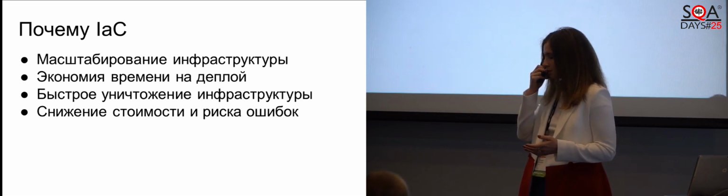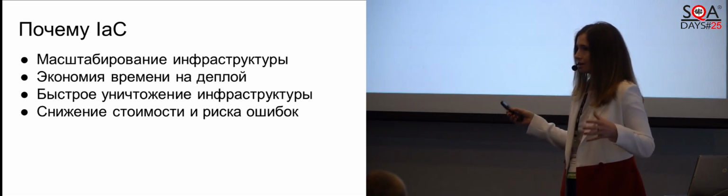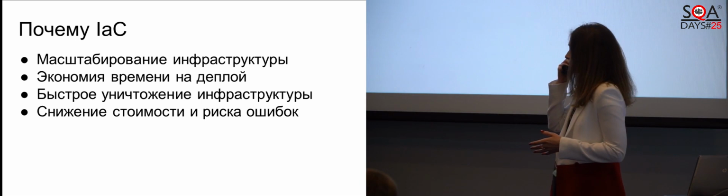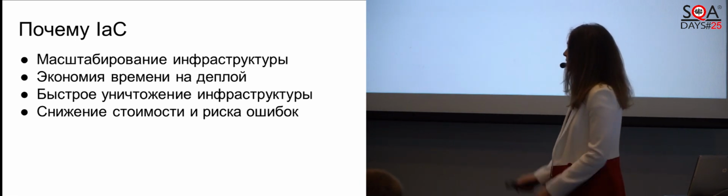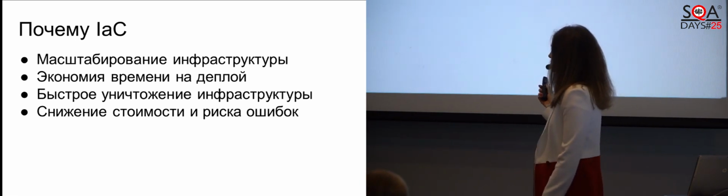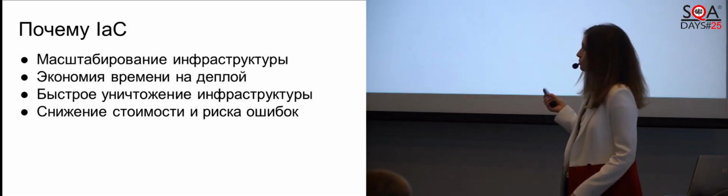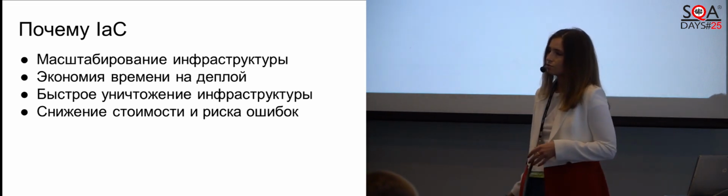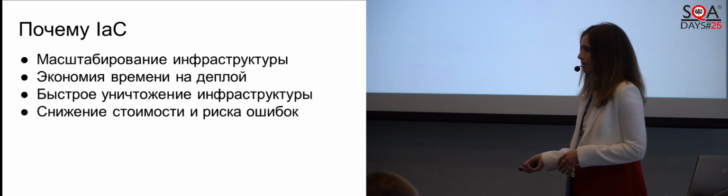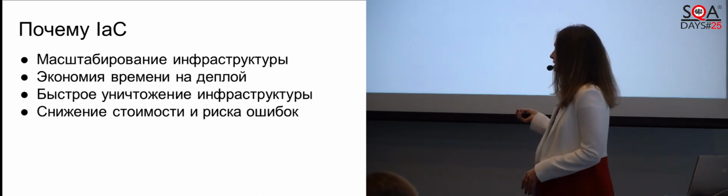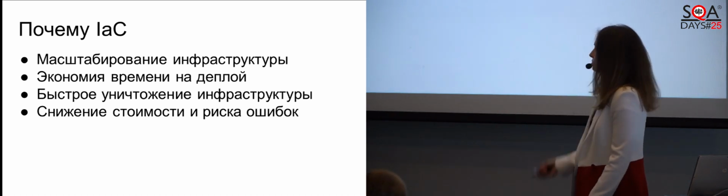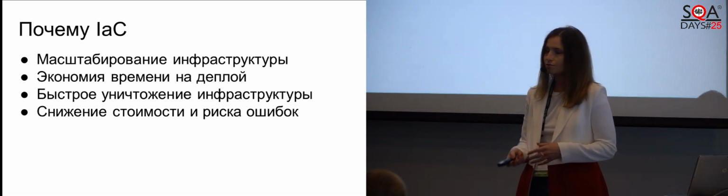Infrastructure can be scaled up for each customer. It could be rolled out for each customer quite fast, and we could have several infrastructure facilities. This gave us a possibility to save deployment time. You just press the button and infrastructure is becoming available.